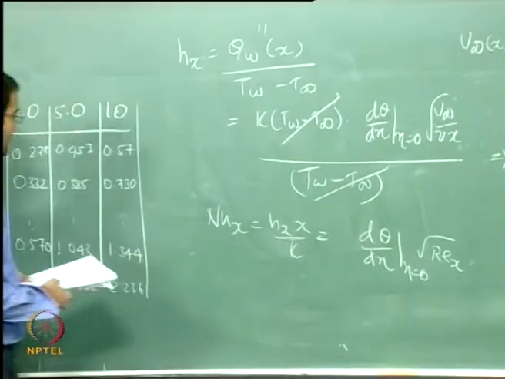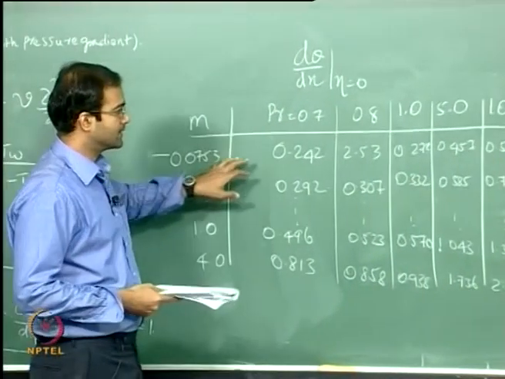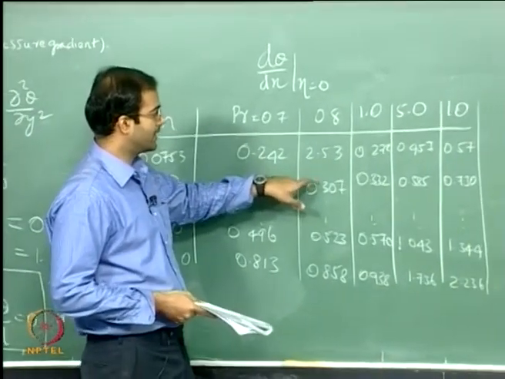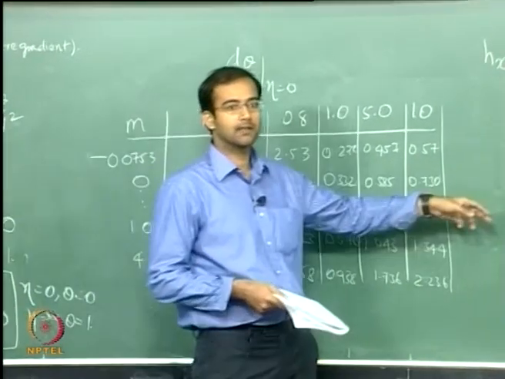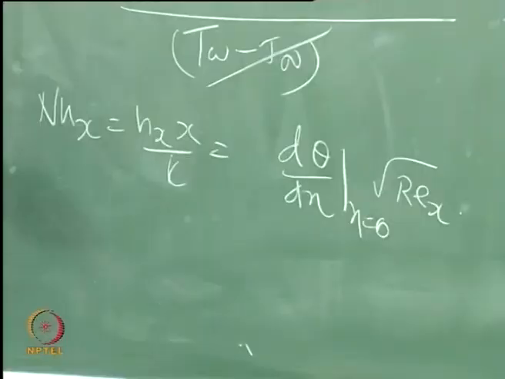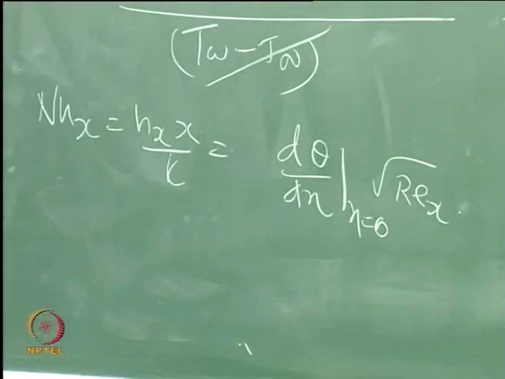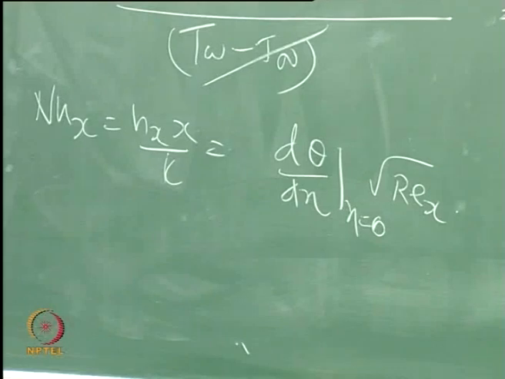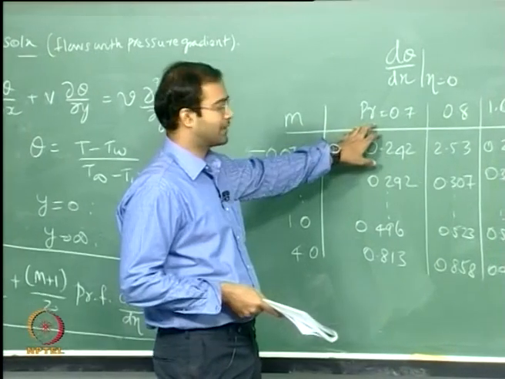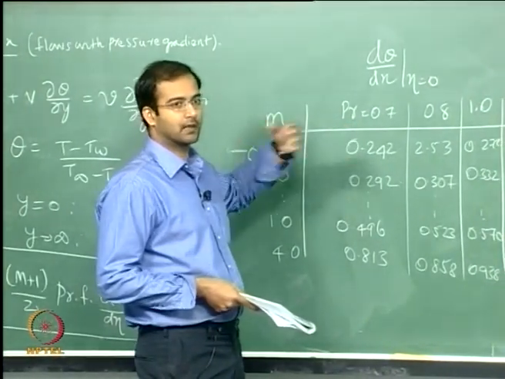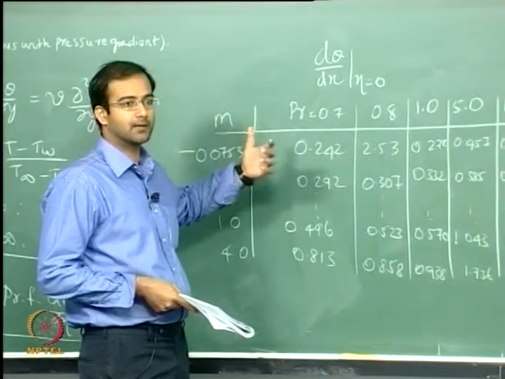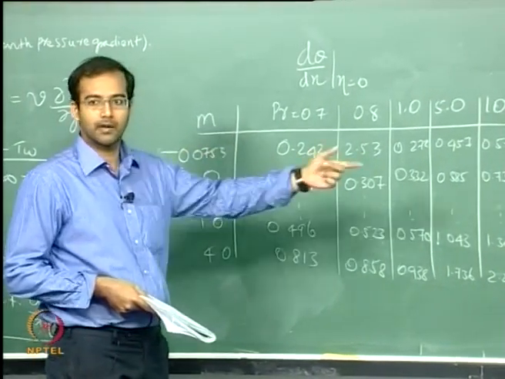Only thing you should now know is for which configuration the value of d theta by d eta you have to pick, put it there, and then you will get the Nusselt number profile for that particular value of m. Also now it is a function of Prandtl number, so you may have to fit a curve as a function of Prandtl number and bring in the Prandtl number dependence.